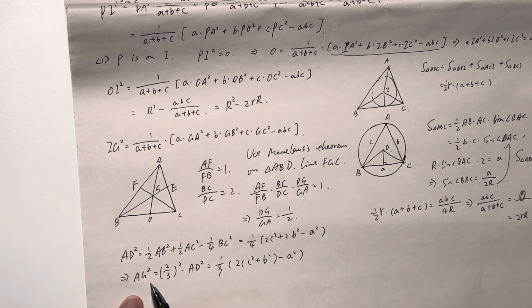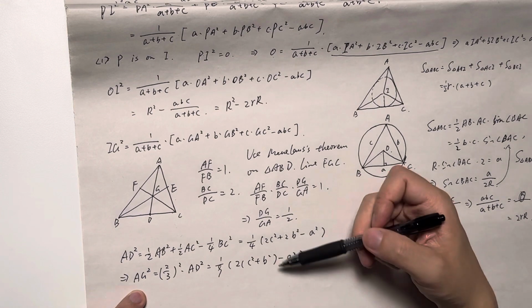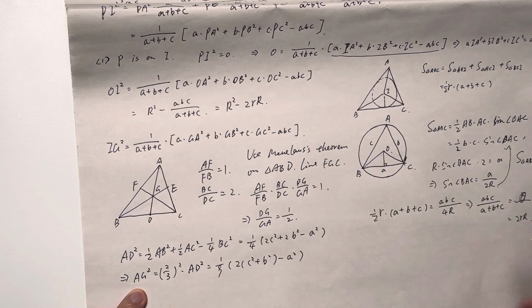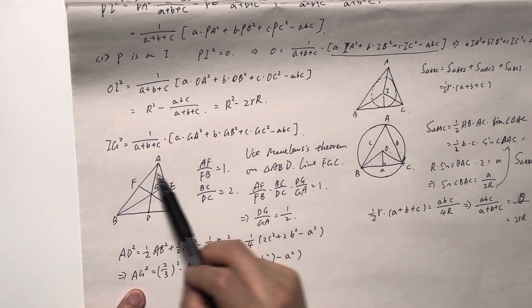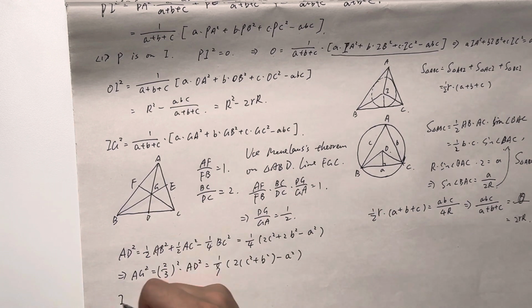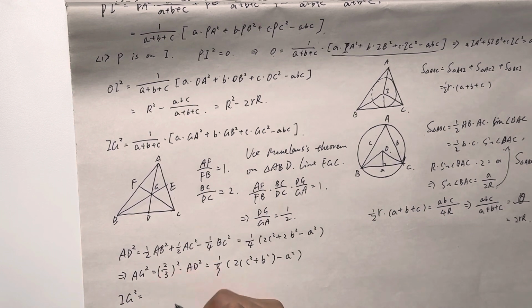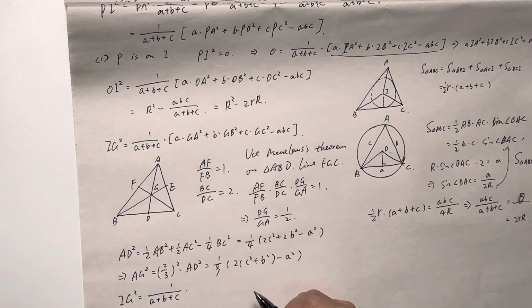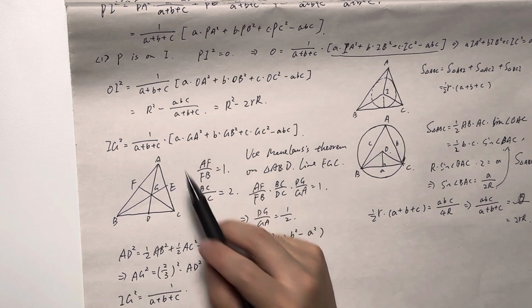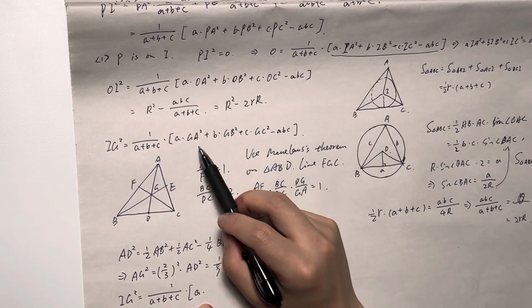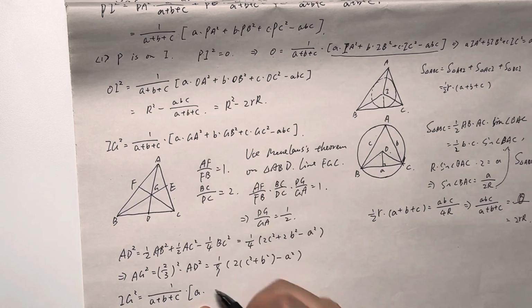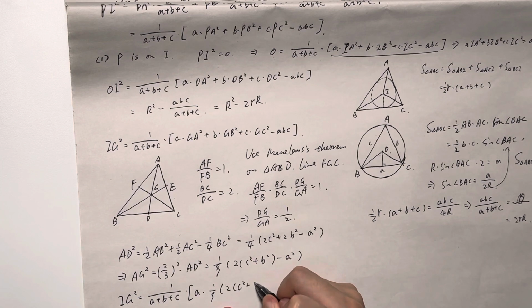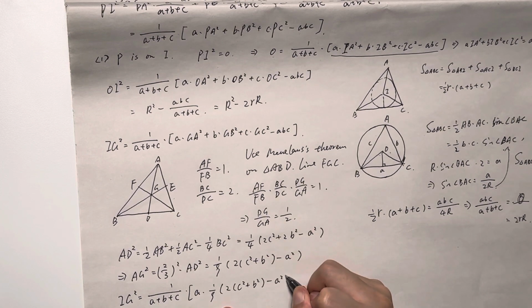That's AG squared. And we know this is a cyclic symmetrical form, right? So we can simply write this one, IG squared equals 1 over a plus b plus c times a times GA squared, that's this one, 2c squared plus 2b squared minus a squared.